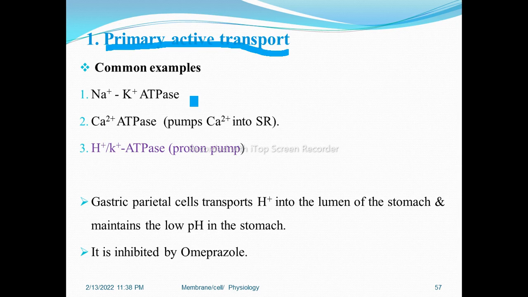Calcium ATPase pumps calcium into the sarcoplasmic reticulum or plasma membrane. The other is hydrogen-potassium ATPase, or we can say proton pump. These three are examples of primary active transport. In this case, gastric parietal cells transport hydrogen into the lumen of the stomach and maintain low pH in the stomach.